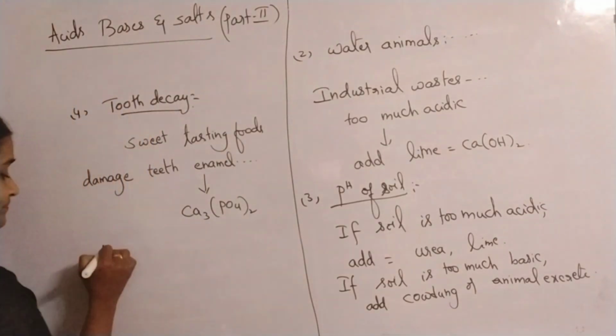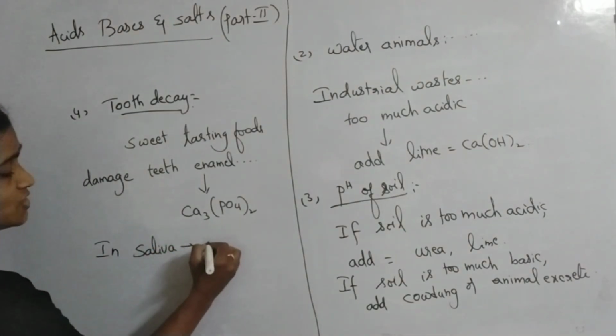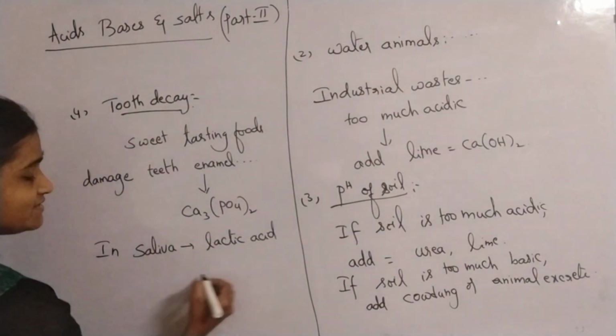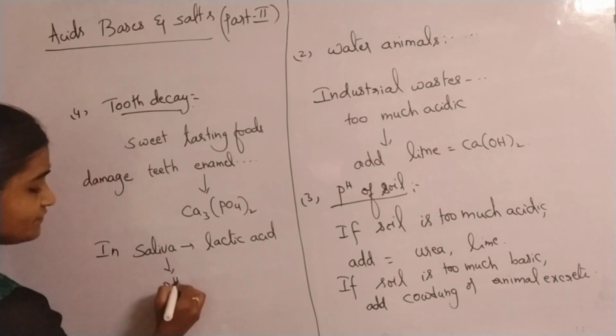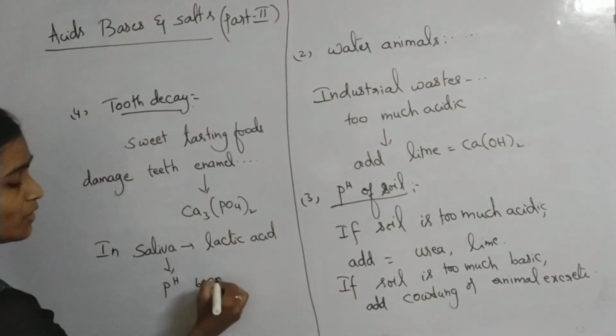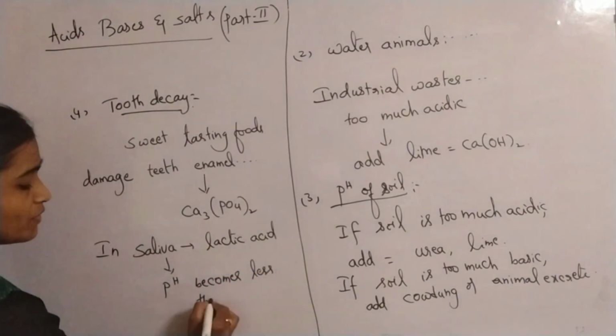In saliva, lactic acid will be there. The pH of saliva decreases if you are eating sweet tasting foods. The pH becomes less than 5.5.